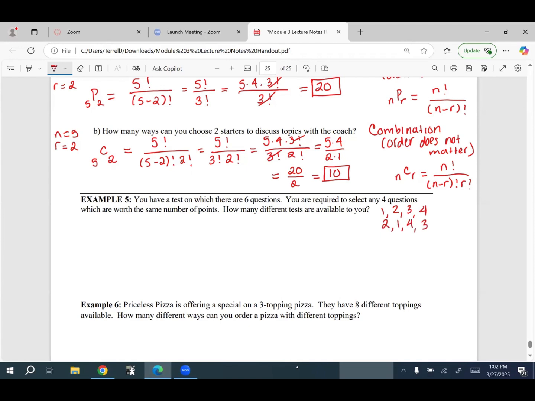It's still the same 4 questions I'm selecting. So if you change the order and the order doesn't count as a different option, then the order does not matter. So in this case, this would be a combination problem.